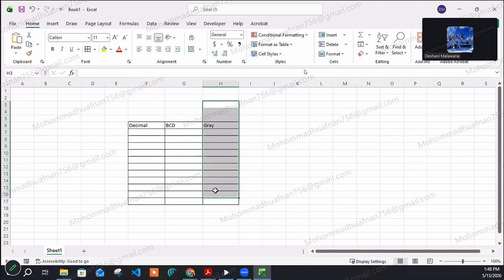So we need to consider the inputs and outputs. Now you are going to convert the BCD system to the gray code system. So the destination is what?